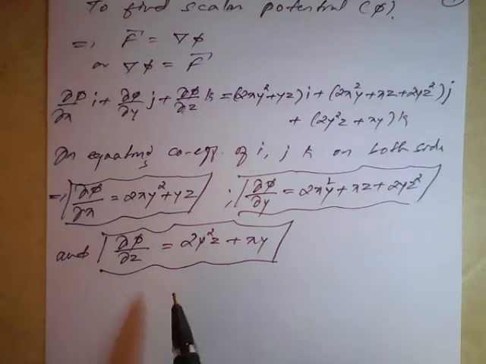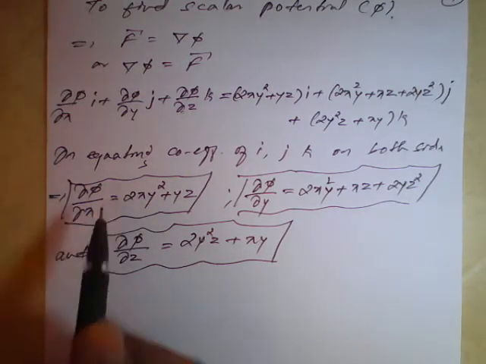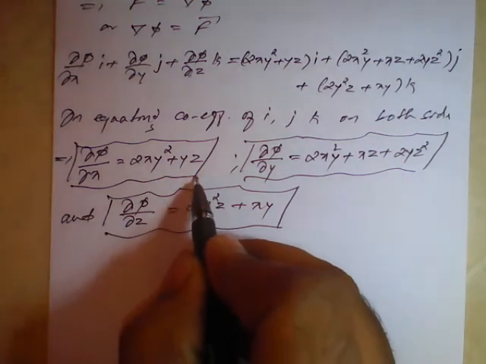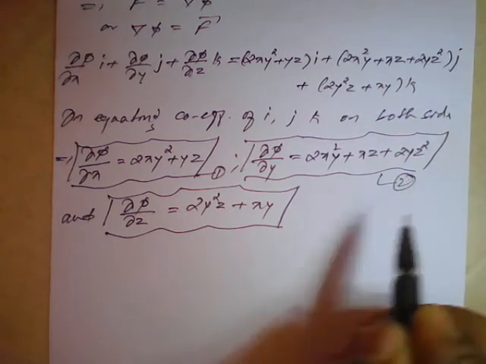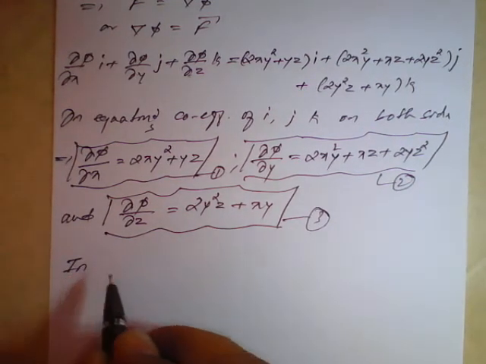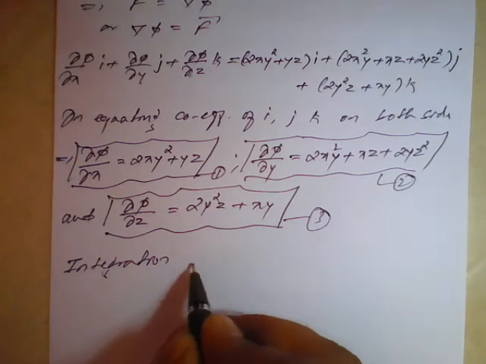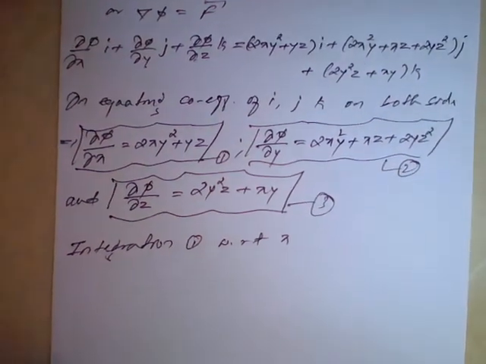Okay, so now I will take them one by one. I will label them equation number 1, equation number 2 and equation number 3. So integrating 1 with respect to x, we'll see what happens.